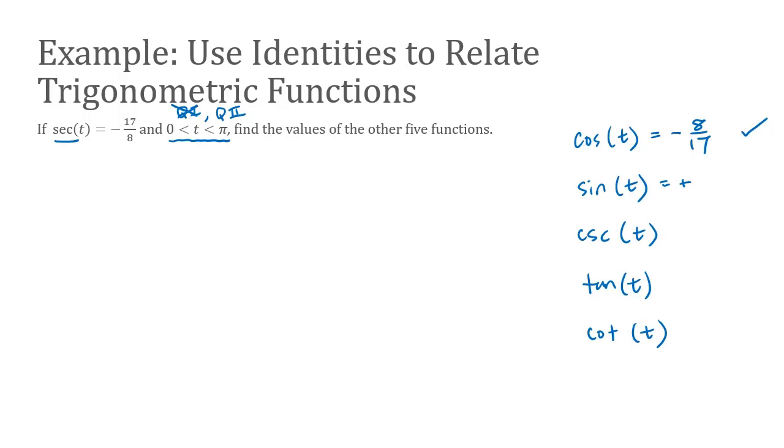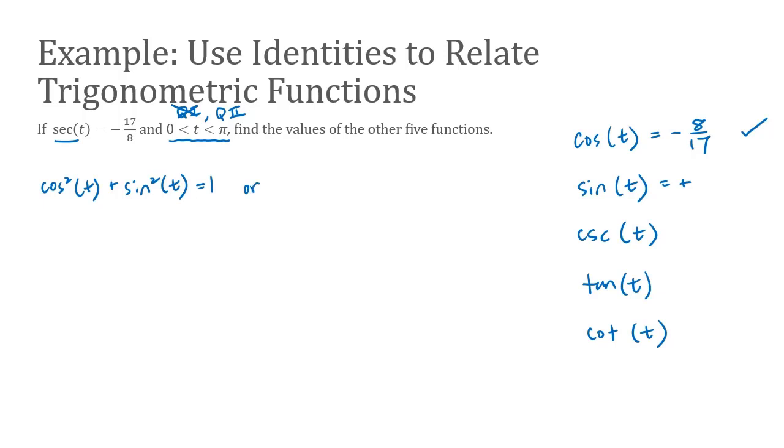Now, there are several ways to go about getting the rest of these. We just saw the Pythagorean identity that said cosine squared t plus sine squared t is equal to 1. So we could definitely use that. We now know the cosine, so we could substitute the cosine of t in and solve for the sine of t.